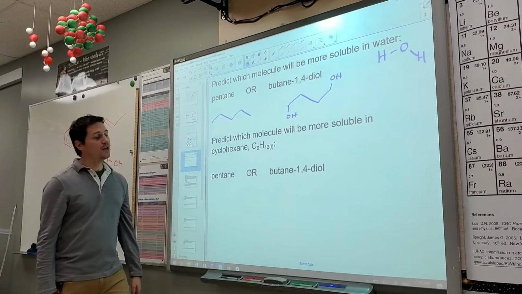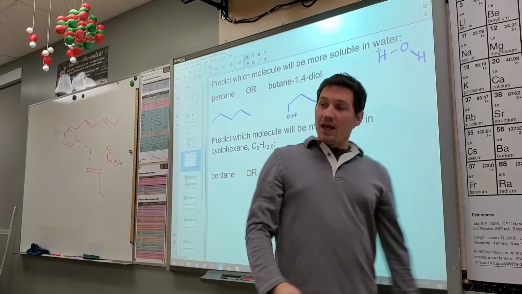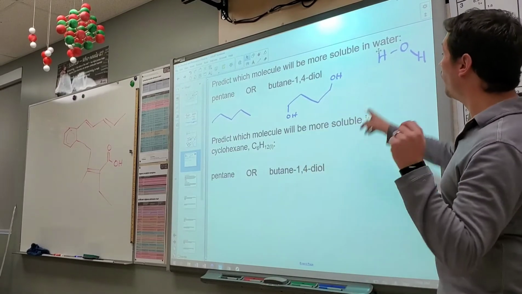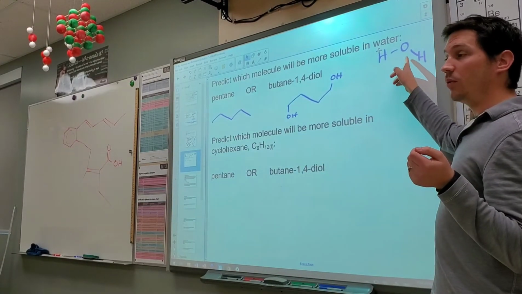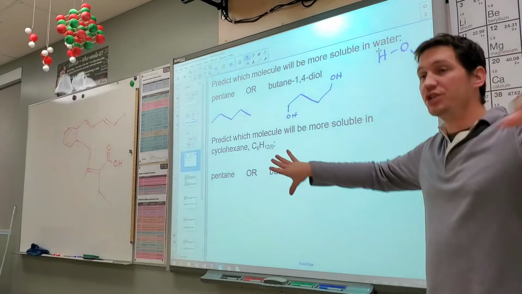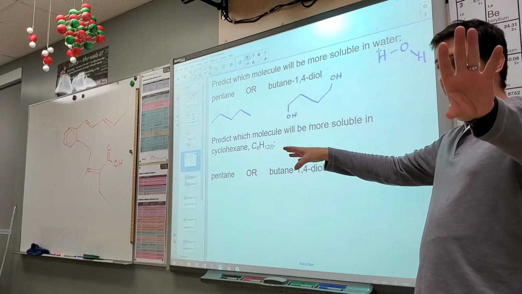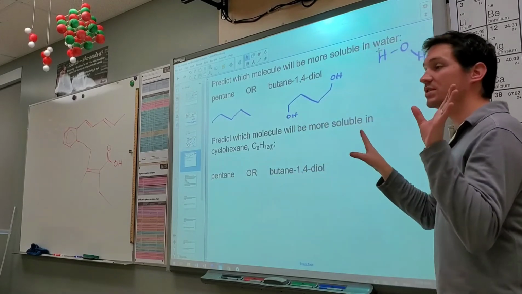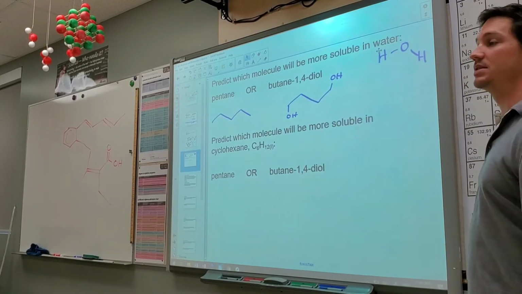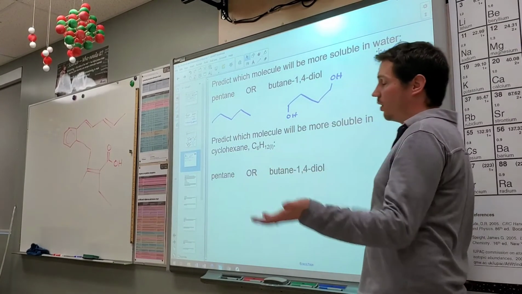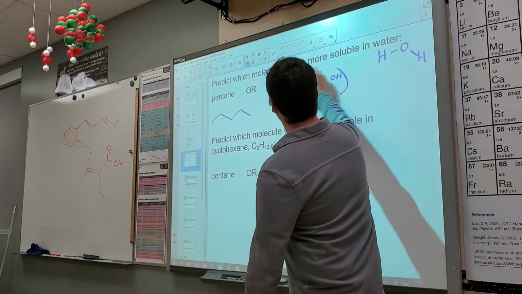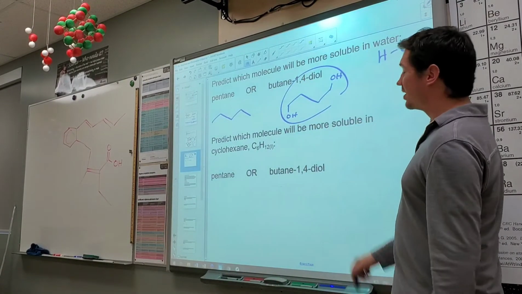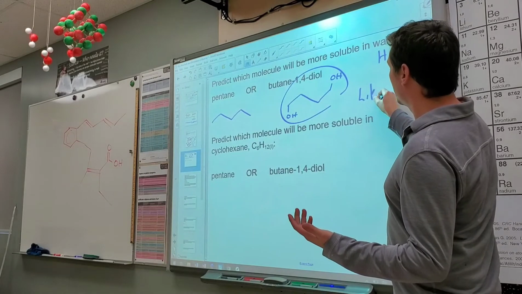So, in order for something to be soluble in water, it has to push in between its water friends, right? Which one of these will be able to force its way into its water friends? The butane 1,4-diol, right?